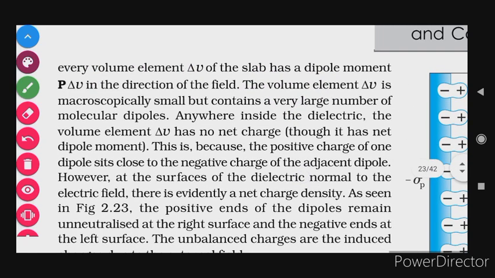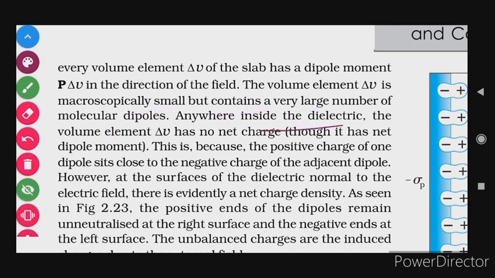The volume element del V is macroscopically small but contains a very large number of molecular dipoles. Okay, on a macroscopic level we'll say that the volume is very small, but there will be a large number of molecules in that small volume.